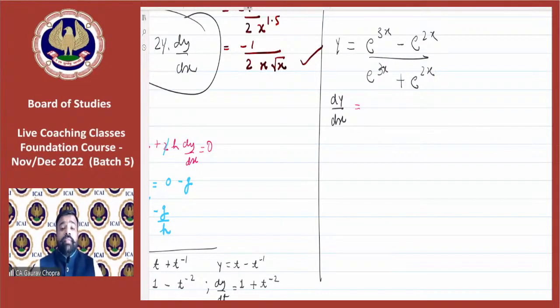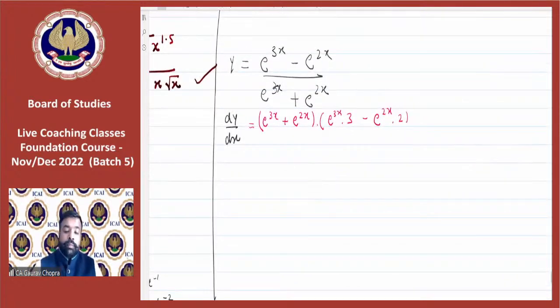Denominator will remain as it is, so e to the power of 3x plus e to the power of 2x, multiplied by the derivative of the numerator: e to the power of 3x multiplied by 3 minus e to the power of 2x multiplied by 2. This is the first portion.